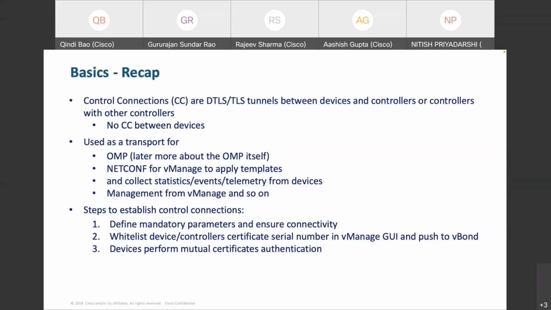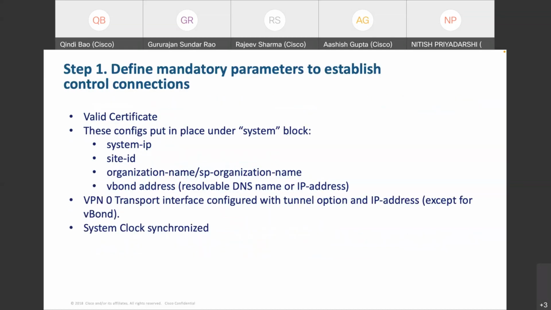The certificate serial number should be whitelisted in the vManage GUI, and the vManage will push it to the vBond. And the devices, including controllers and edge devices, need to perform mutual certificate authentication. So it is like bi-directional authentication. Okay, let's go to the next slide, please.